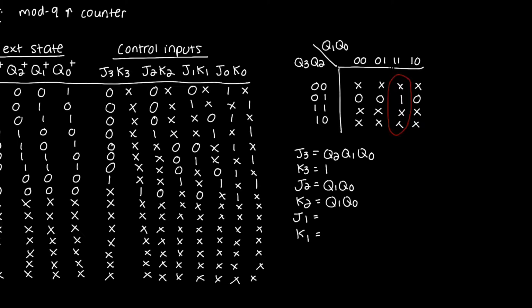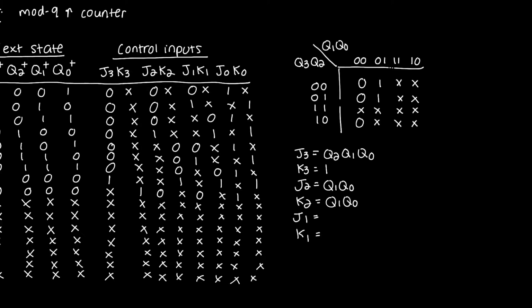Next, we've got J1 followed by K1. I'm going to erase the K-map, and I'm doing J1 now, which is this column over here. So I've got 0, 1, X, X, 0, 1, X, X, and 0, X, X, X, and then just a whole bunch of don't cares.